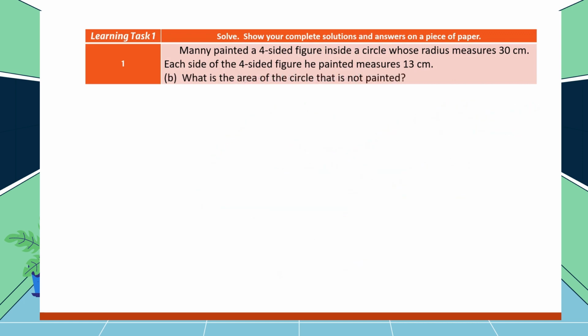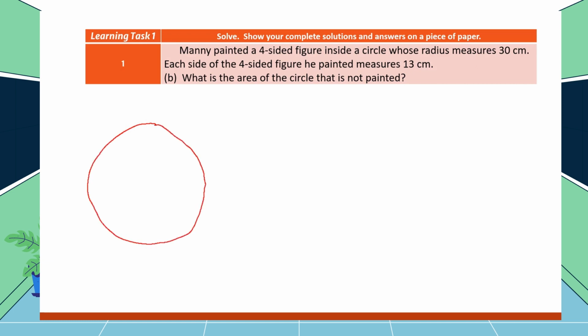Well, same scenario. Manny painted a four-sided figure inside a circle whose radius measures 30 centimeters. Each side of the four-sided figure he painted measures 13 centimeters. Question: what is the area of the circle that is not painted? So, again, gawa lang ulit tayo ng circle kanina. So, for example, para lang makita natin.